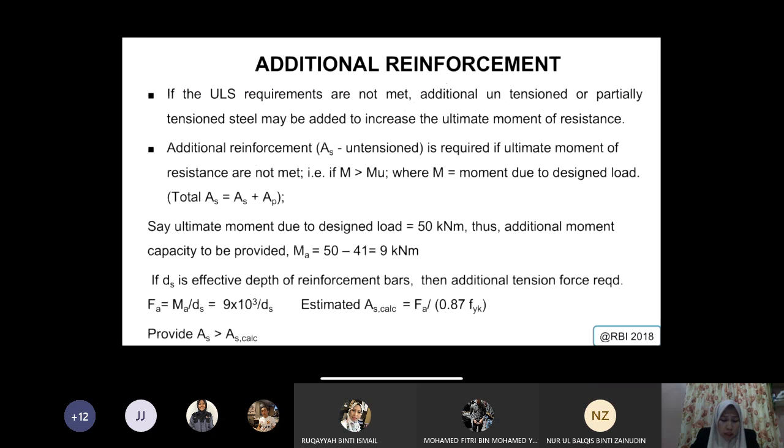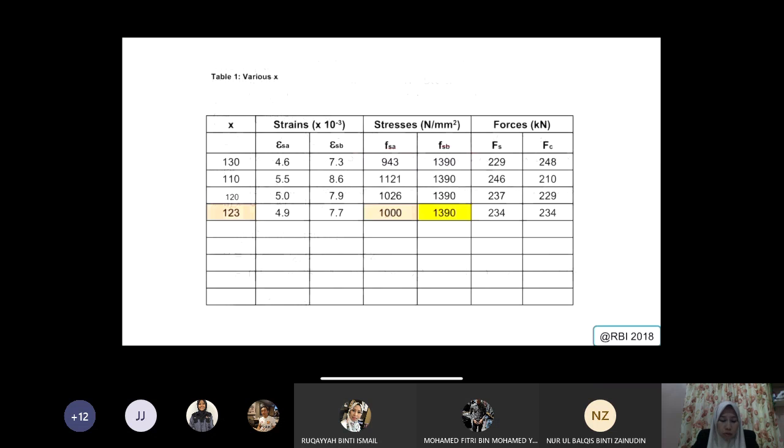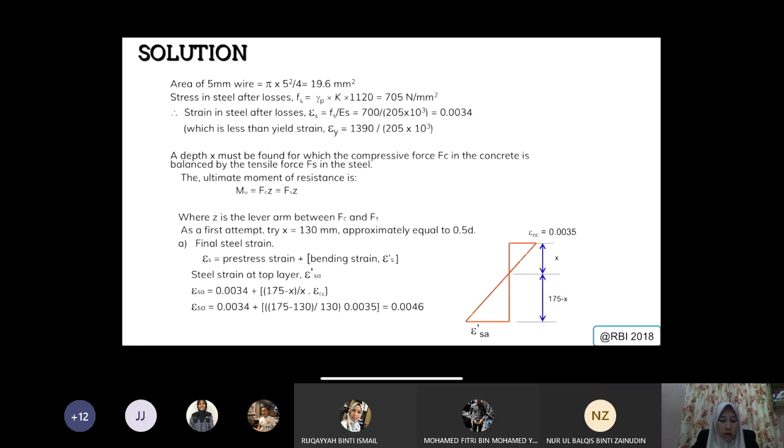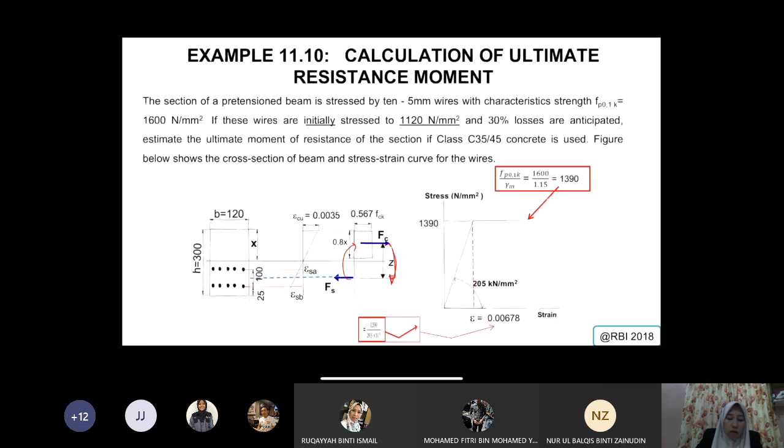At least when we go through this example next week, you have some idea how the calculation is done to check your ultimate resistance moment for your pre-stressed beam.